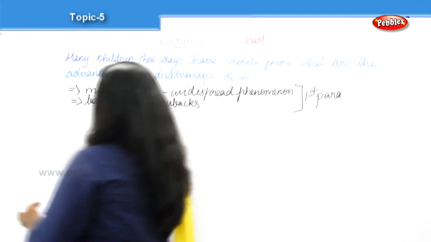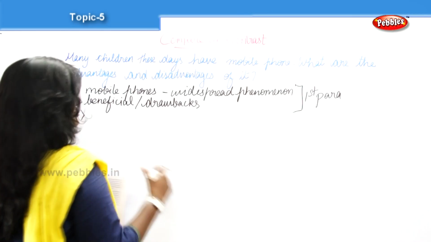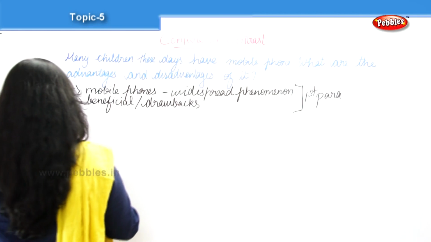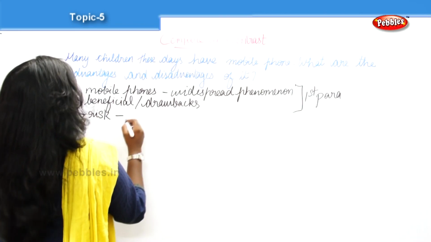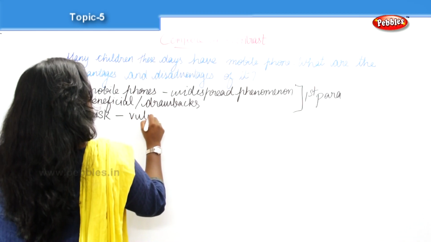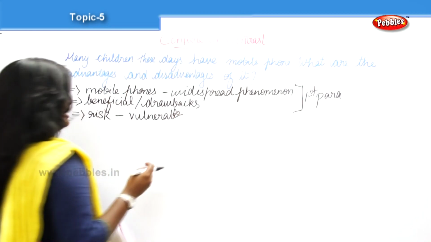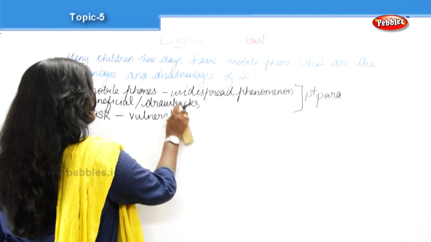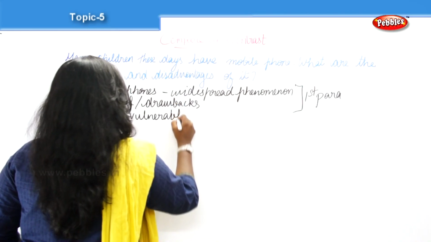Let's move on to the second paragraph. Why should children avoid using mobile phones? Number one, the first factor is the risk factor, because children are more vulnerable. They are the easiest targets, soft targets who can fall victim.